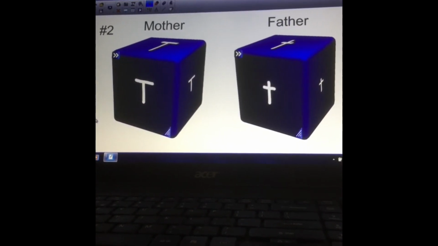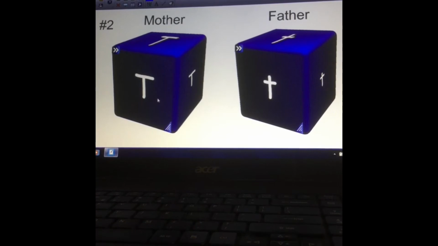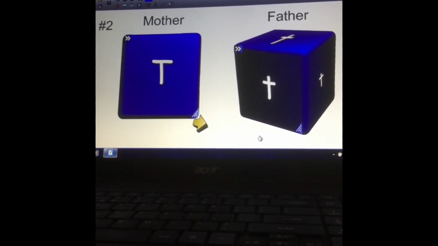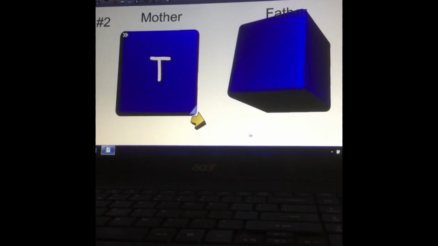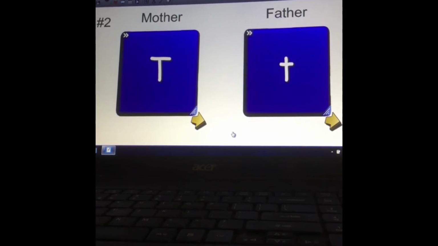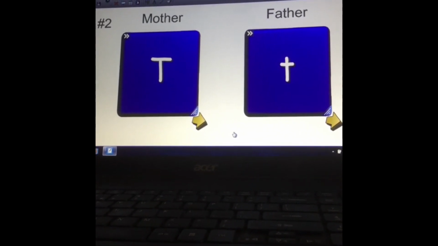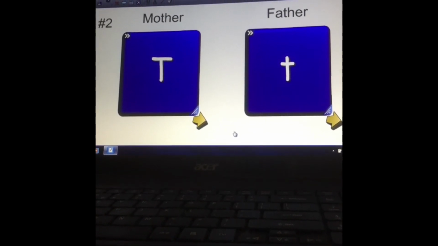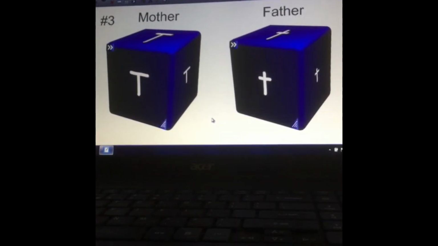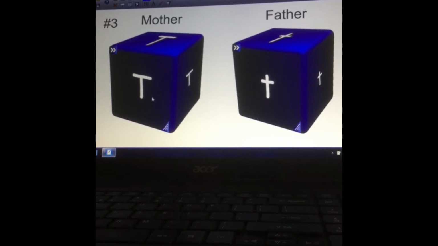All right, ready for baby dragon number 2. There's baby dragon number 2. Be sure to record the information on your lab sheet. Baby dragon number 3.